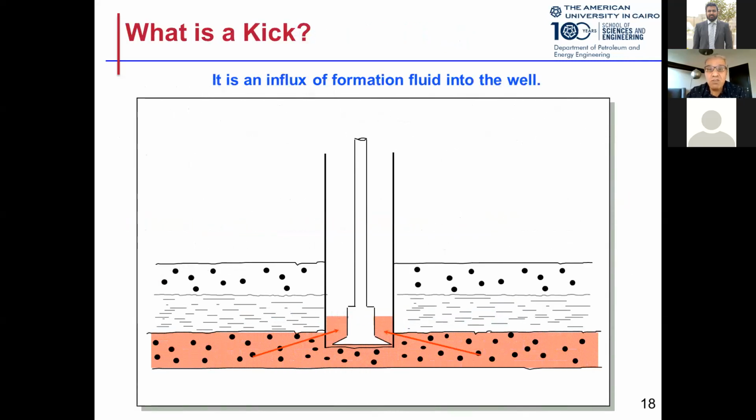There are some issues with pressure control here. If the bottom hole pressure is reduced significantly, then there will be a large pressure drop between the reservoir, where you see the arrow down there, and the well. And this could result in a so-called kick. So the kick happens in the reservoir area.